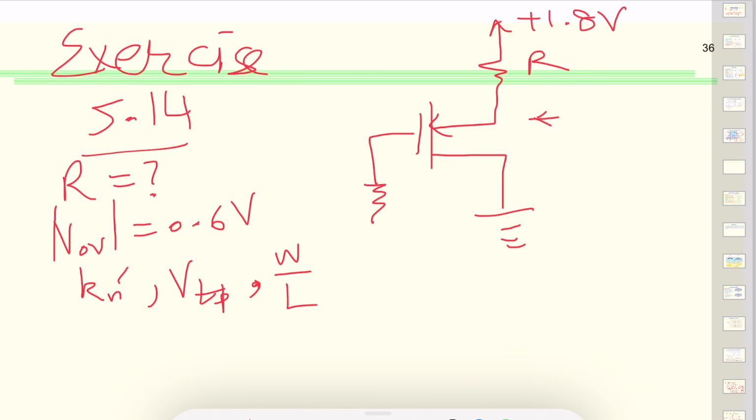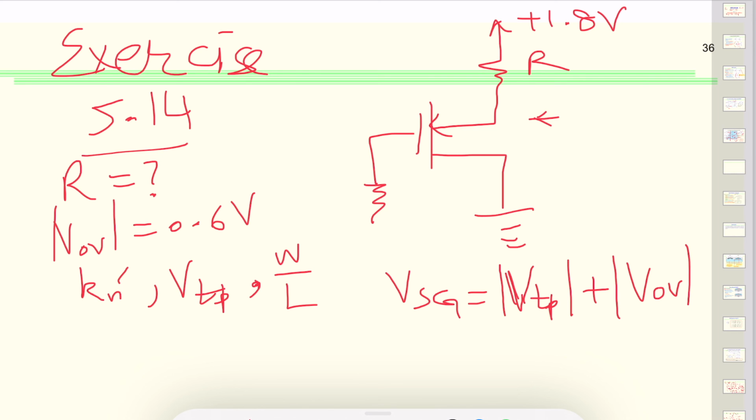Now, the source to gate voltage, we know, is VTP plus VOV, which is straightforward, 0.4 plus 0.6, and that's 1 volt.